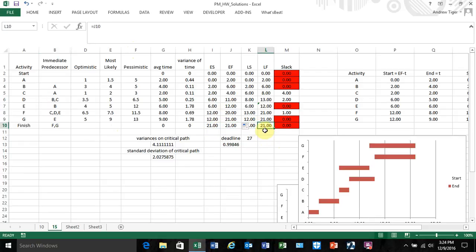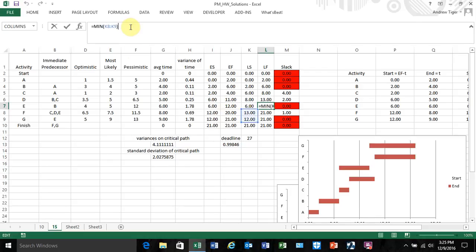So when we work our way back, how do we calculate the latest finish? For G, the finish node is its successor. For activity F, it's also the finish node.